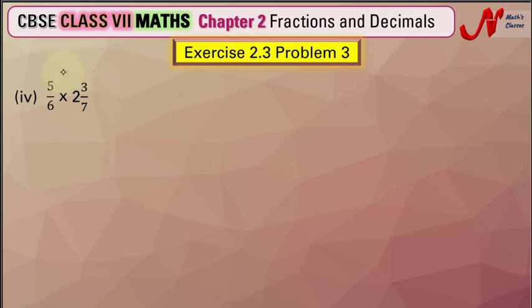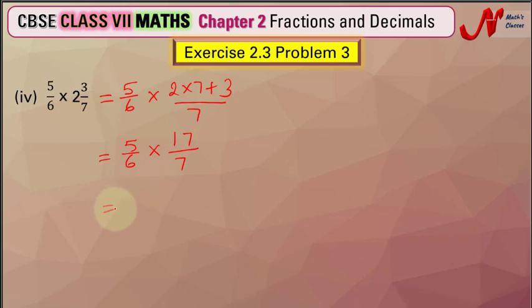Now we solve the fourth bit of problem 3. Here given 5 by 6 into 2 3 by 7, which can be written as 5 by 6 into (2 into 7 plus 3) by 7, which is equal to 5 by 6 into 17 by 7, since 2 7s are 14 plus 3 is 17. So 5 into 17 by 6 into 7: 5 7s are 35, 5 ones are 5, 5 plus 3 is 8, so it is equal to 85 by 6 7s are 42.